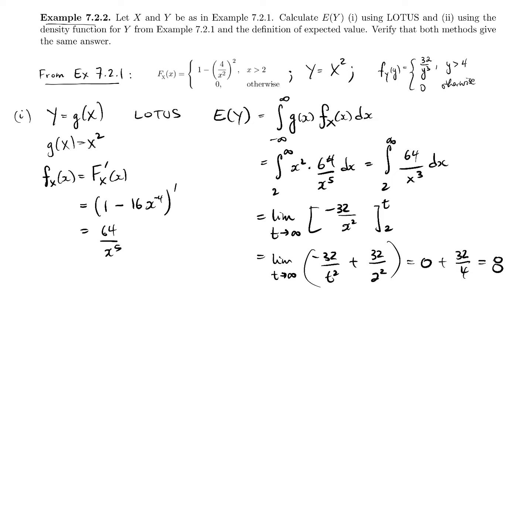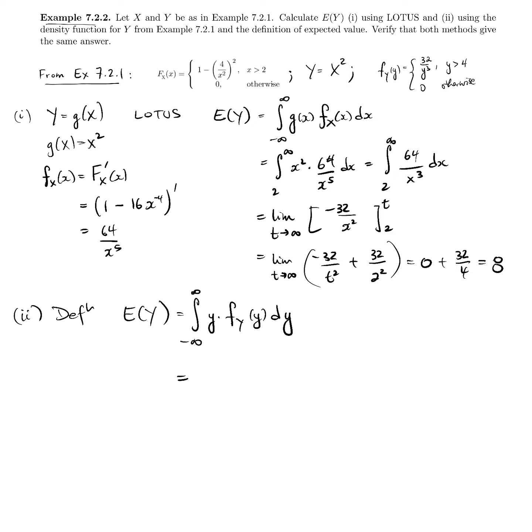We're going to go and compare that now with the definition of the expected value. So the second way is the definition. And the definition, the expected value of any continuous random variable, is the integral from minus infinity to infinity of y times the density function of y. Not dx, but dy. So we have all the information that we need for this because we calculated the density in a previous video.